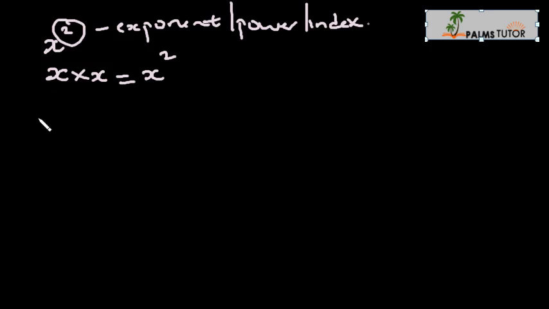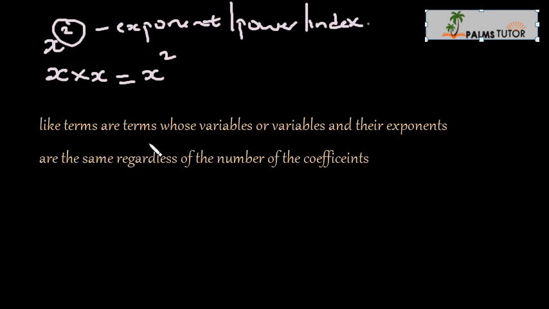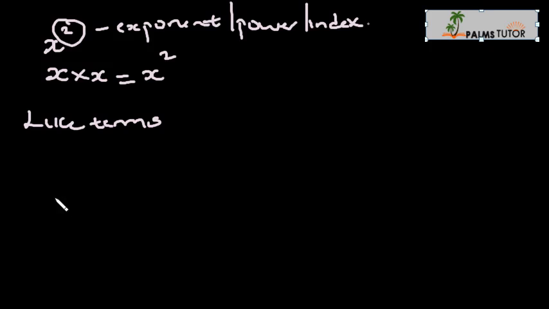Now, talking about like terms. What are like terms? Like terms are just terms whose variables, or variables and their exponents, are the same regardless of the number of their coefficients. So I'll give you an example to explain that. I have 2x, x, half x, minus 6x.